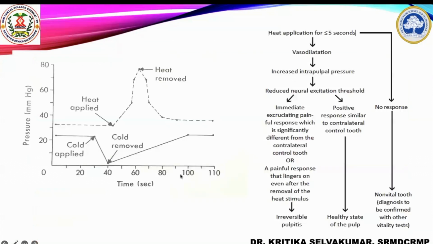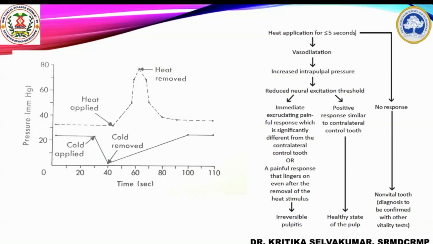Moving on to the pathophysiology of the heat test. On heat application, that is, once the heat stimulus is placed for less than or equal to 5 seconds, there is vasodilatation, and this in turn causes an increase in intrapulpal pressure.